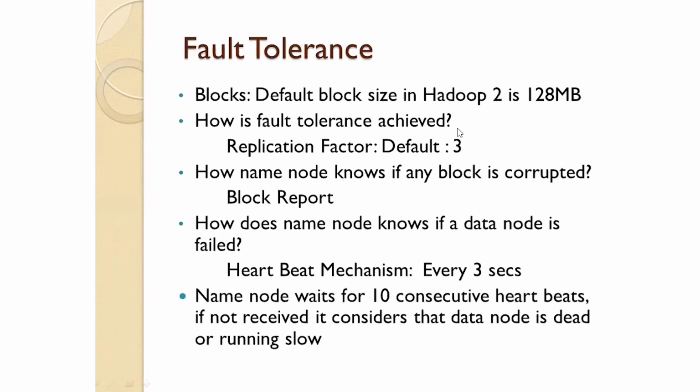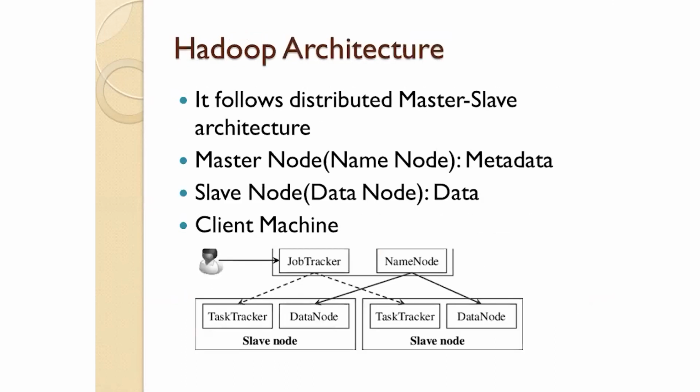So Hadoop is the combination of HDFS and YARN. If we observe this architecture diagram, in the master node there are two components, name node and job tracker. And in slave nodes, there are data node and task tracker.